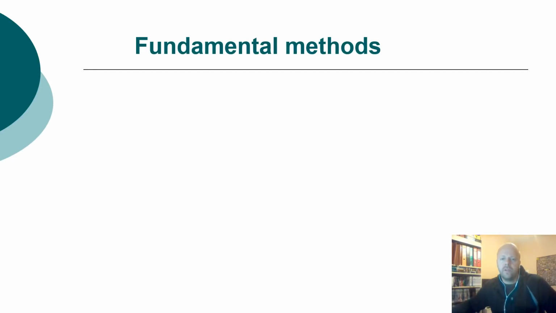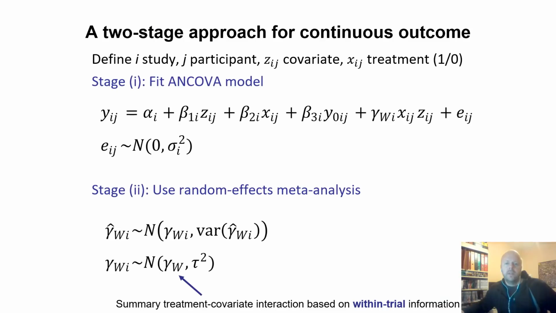So what are the fundamental statistical methods for IPD meta-analysis? The main approach I would recommend for IPD meta-analysis is a two-stage approach. This is where in the first stage you analyse each trial separately, estimate the treatment covariate interactions in each trial, and in the second stage you pool those in a standard meta-analysis like a random effects meta-analysis.